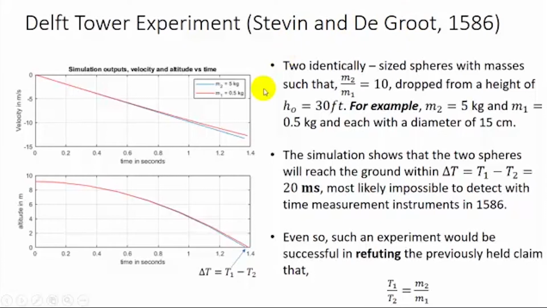This involved an experiment to test a previously held claim that the time that a ball needed to reach the ground was inversely proportional to its mass. So the claim was that a heavier mass would reach the ground much faster than a lighter mass in proportion to the ratio of their masses.